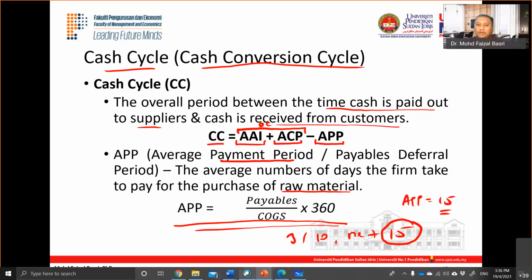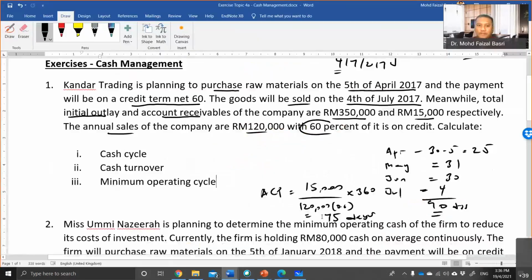So therefore, if we look again at the question, this question doesn't provide us with any discounts. They just give us the credit term as net 60. So therefore, the APP would be 60 days. As simple as that. Don't have to calculate.